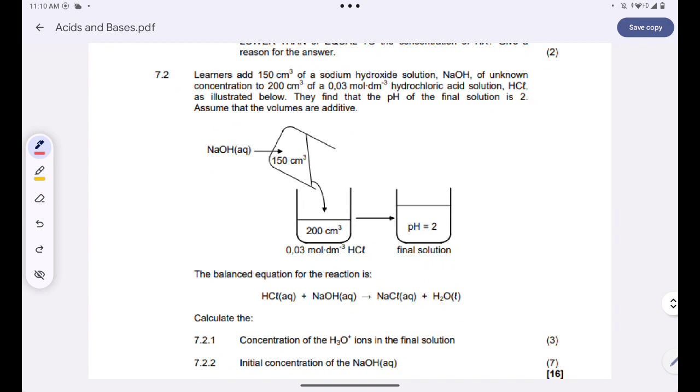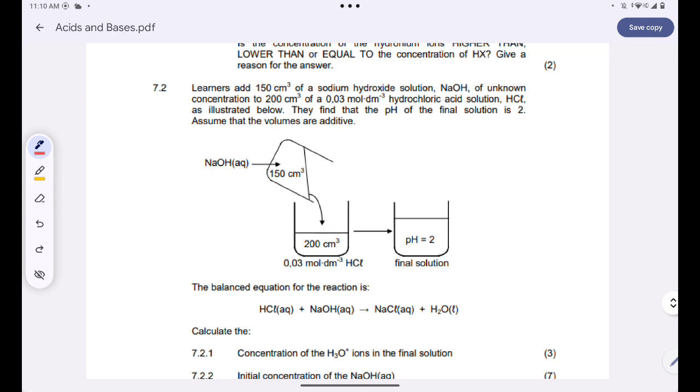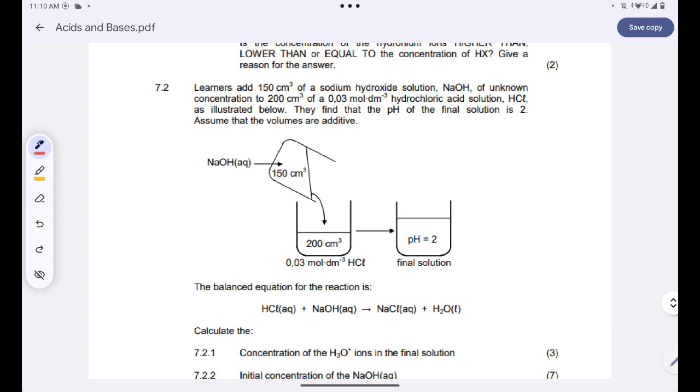They find that the pH of the final solution is 2. Assume that the volumes are additive. Since the pH of the solution is 2, it simply means that the acid was in excess. Are you together? So since the acid is in excess, the solution will have a higher concentration of hydronium ions in excess.